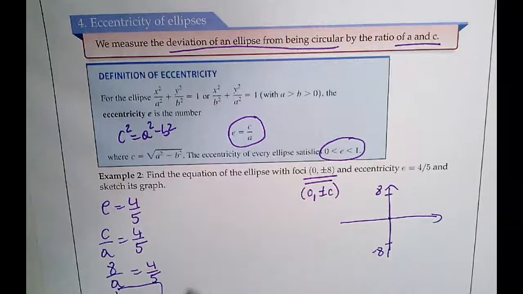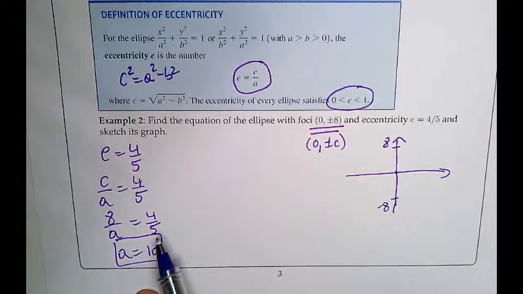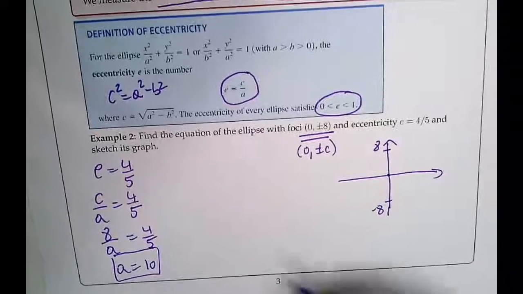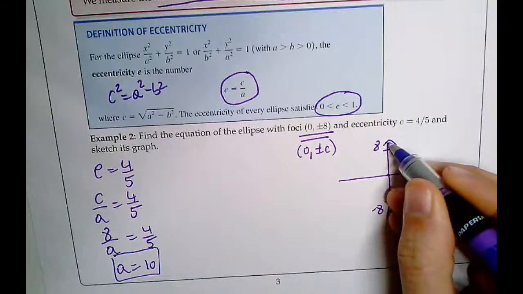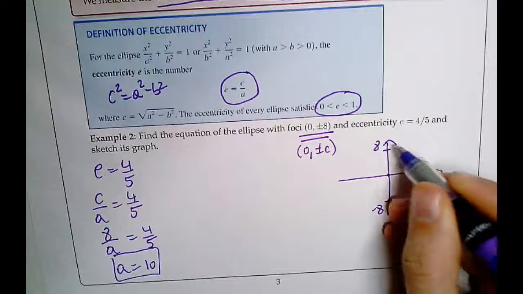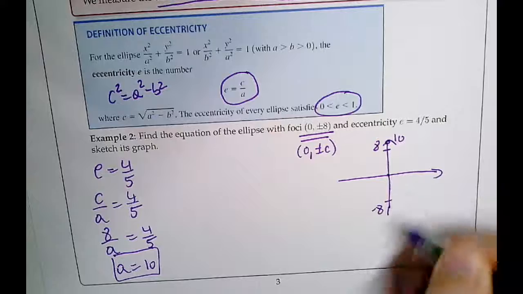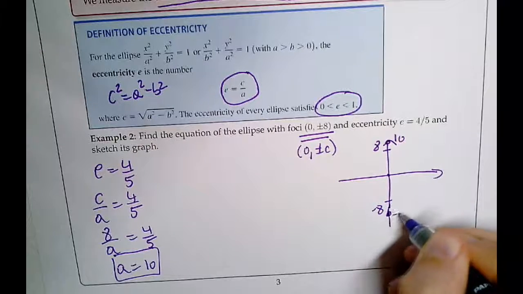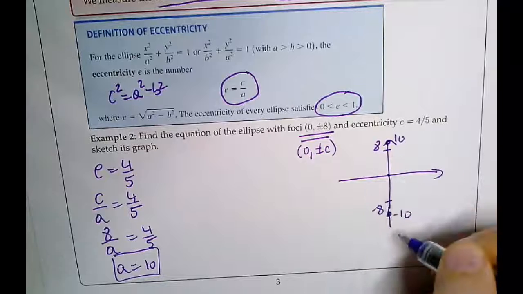So remember that A equals 10. A was the larger one. So A equals 10 is going to give me the vertices. The vertices are going to happen at 10 and negative 10. Right? They go with the major axis.